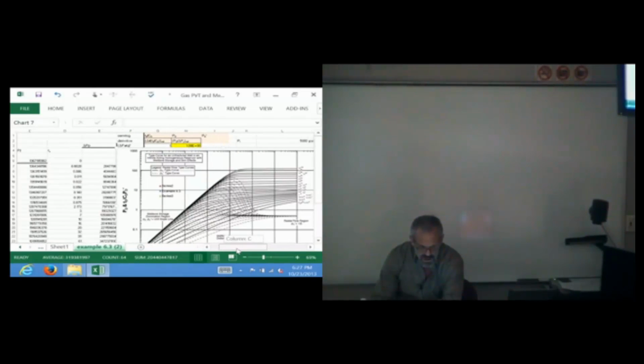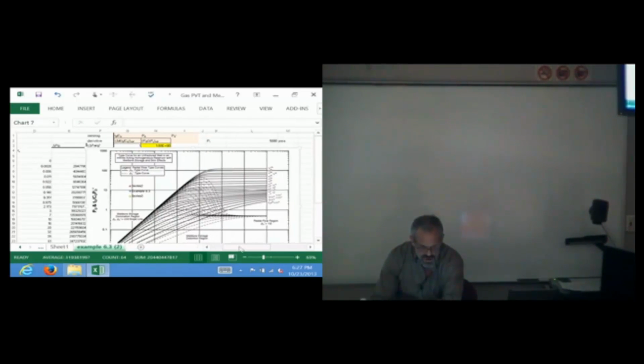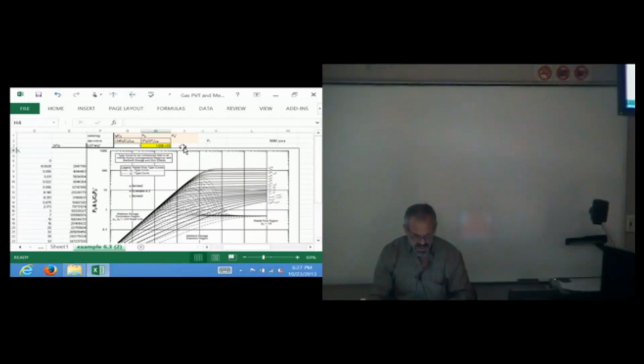My X's look all right. My Y's are huge. So I'm going to divide by this number. Let's try 1,000. My data did not appear. Let's add a 0. Did you see that data appear in the upper left-hand corner? Let's try 10,000.